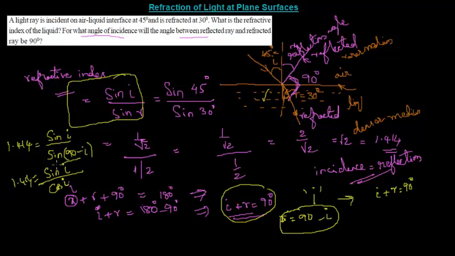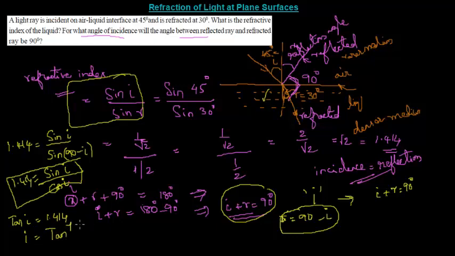I should get I from this equation such that the angle between reflected ray and refracted ray is 90 degrees. Sin theta by cos theta is tan theta. So, tan I is equal to 1.414.